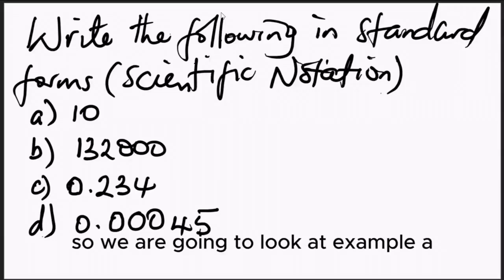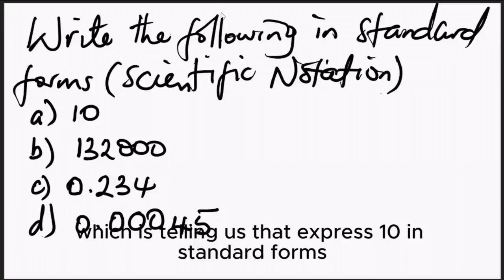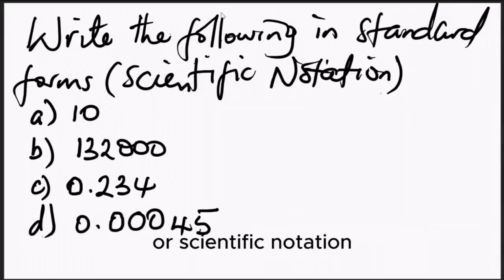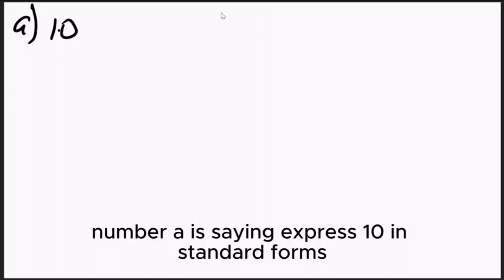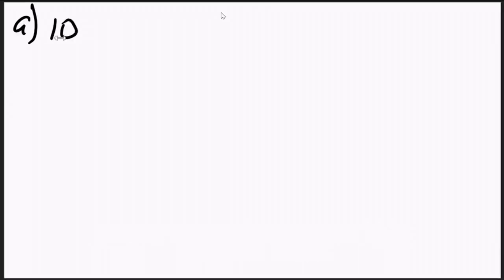So we are going to look at example A, which is telling us to express 10 in standard form or scientific notation. So let's get into that. Number A is saying express 10 in standard form.